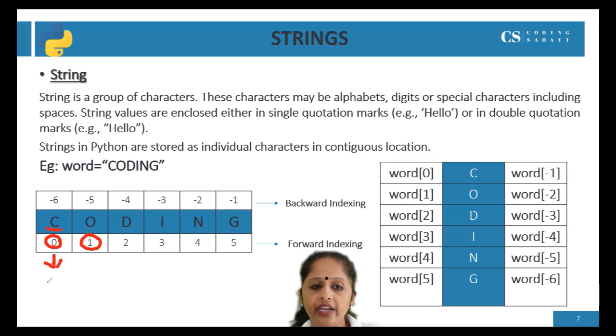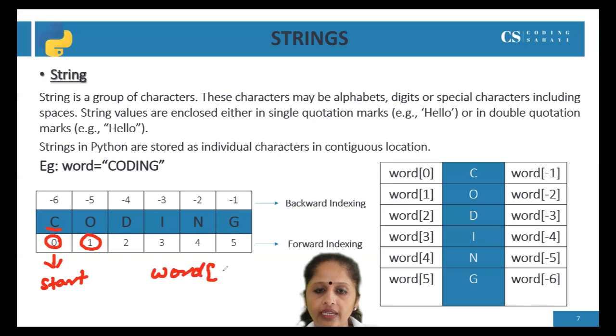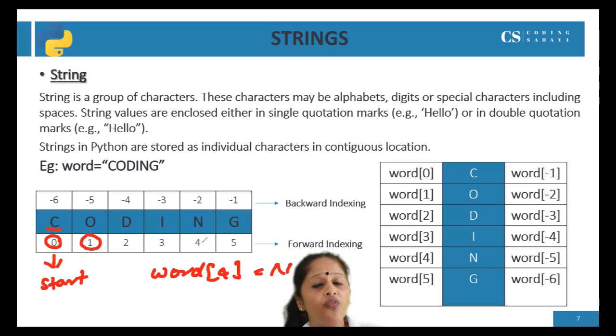So word of 0 is C, word of 1 is O, and word of 4 is N. That is forward indexing.